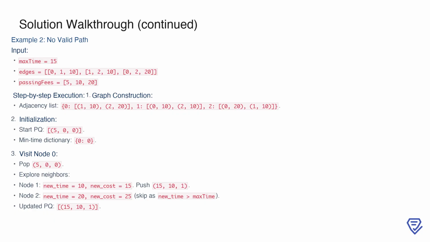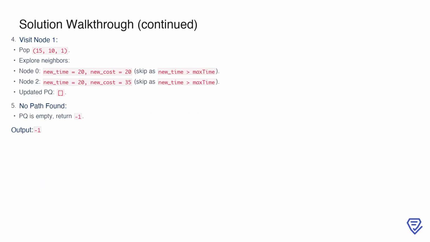At node 0, we explore its neighbors. For node 1, the new time becomes 10, and the new cost is 15. This is added to the priority queue. For node 2, the new time becomes 20, but we skip this path since it exceeds the maximum allowed time of 15. With these updates, the priority queue contains only 15, 10, 1.